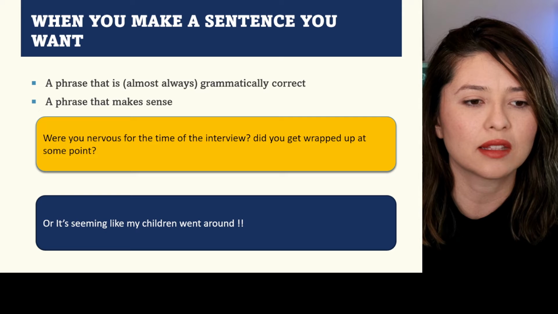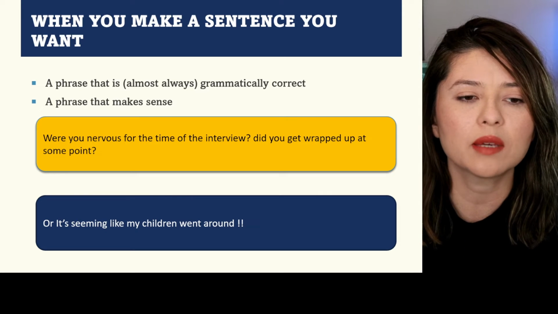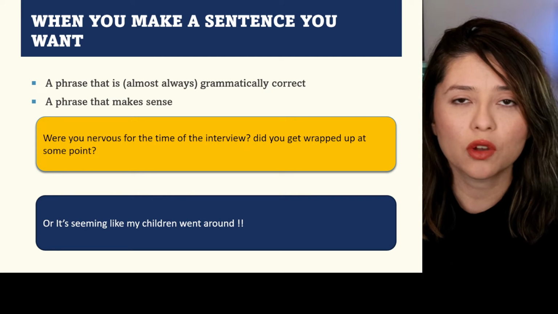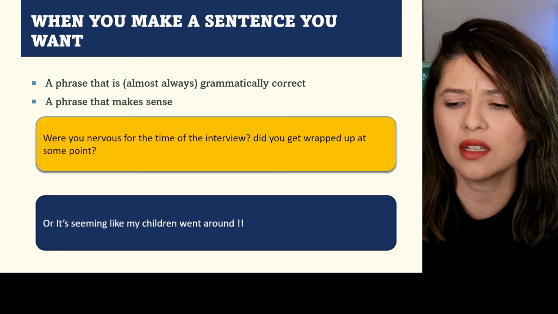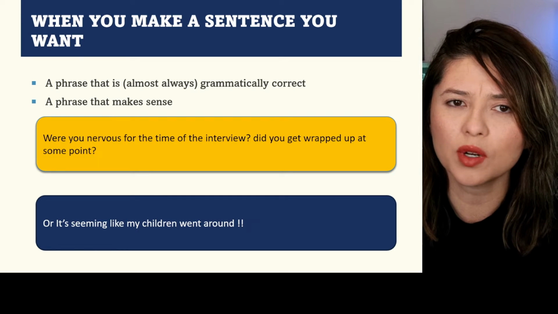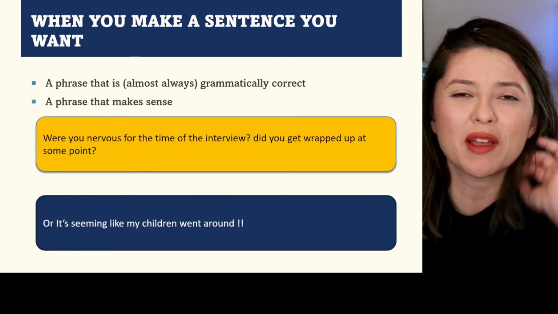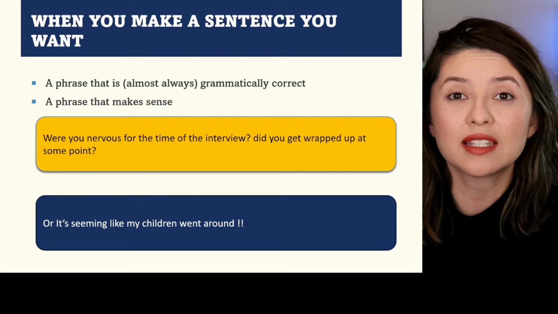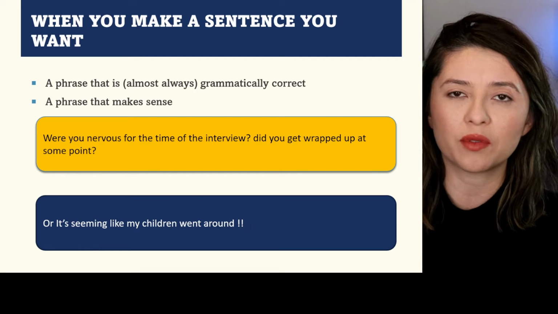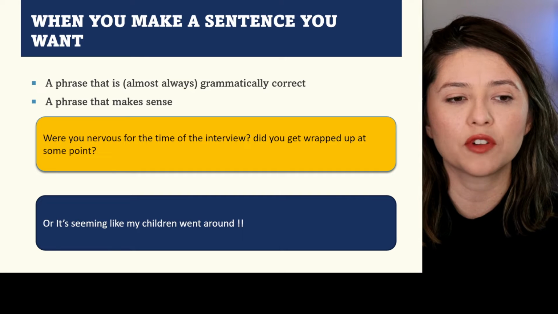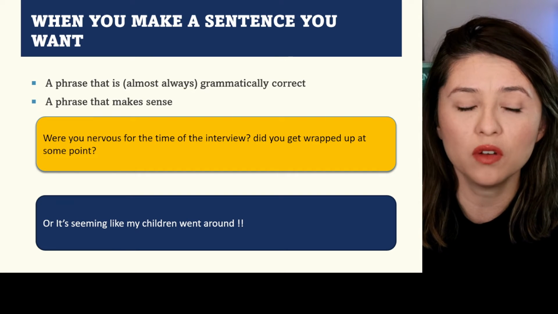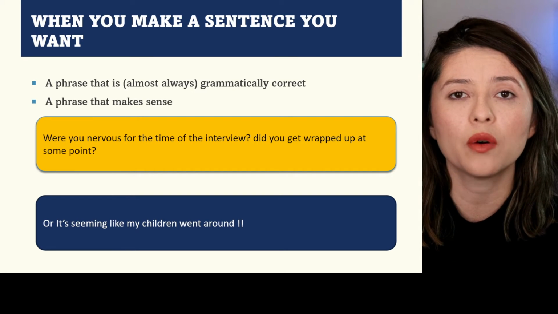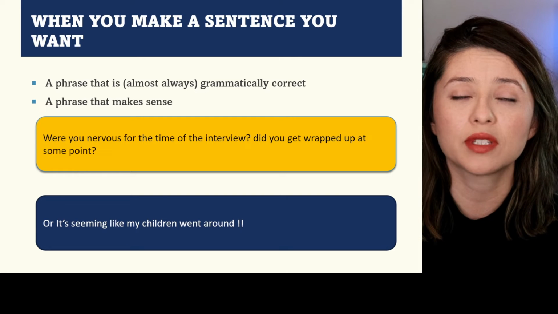Now the second sentence: it's seeming like my children went around. So here I think I posted my house disorganized or something like that. Then my follower said, it's seeming like my children went around. The problem with this is the verb "seeming," first of all, right? Because if you know grammar rules, you know that there are types of verbs.